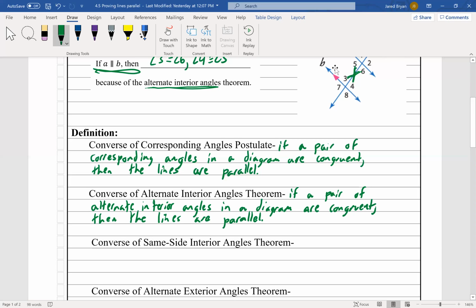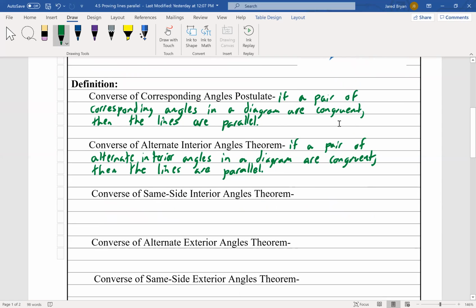All right, and then last one here that we'll write fully, and the other two we'll just paraphrase: the converse of same side interior angles theorem. Okay, and it says this, similar to what we've said before: if a pair of same side interior angles in a diagram, and in this case, we're changing up the first part here.